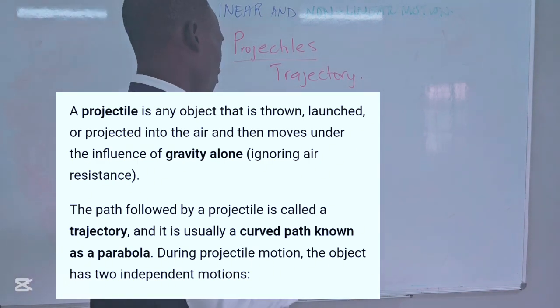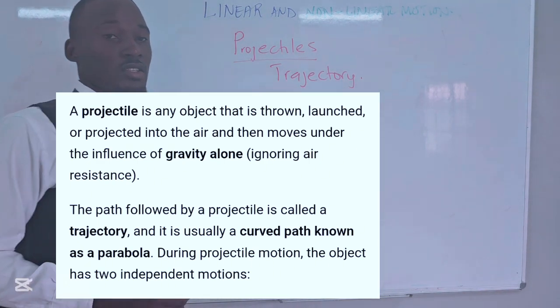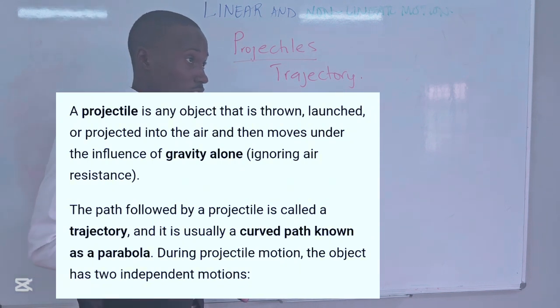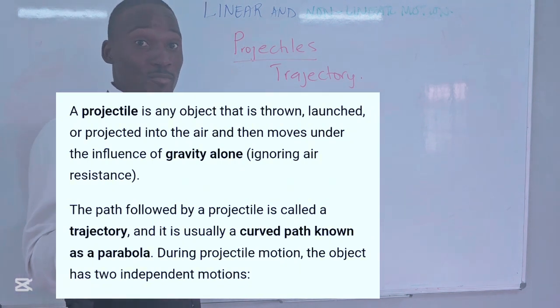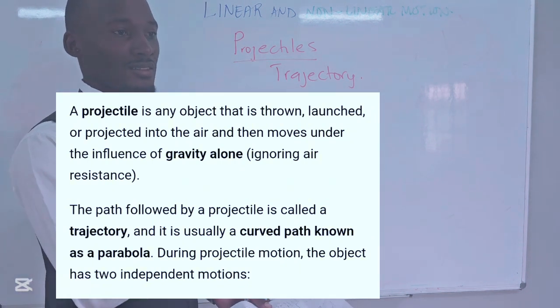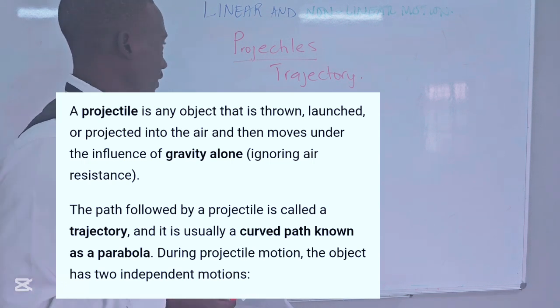So, if anything is given an initial velocity and it moves in the gravitation field, we say it is a projectile.